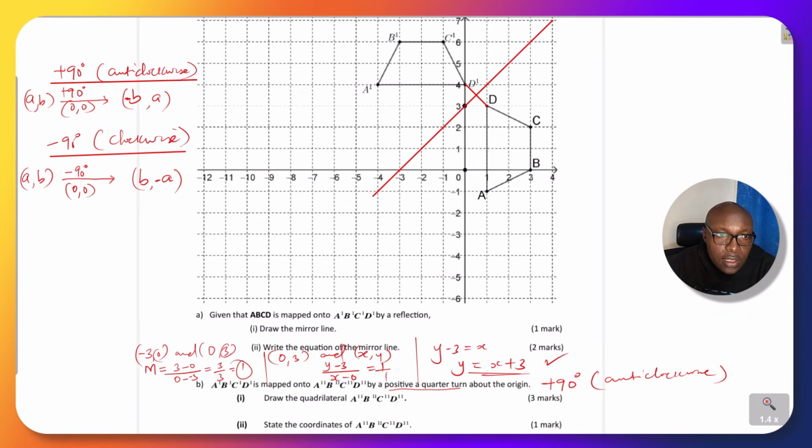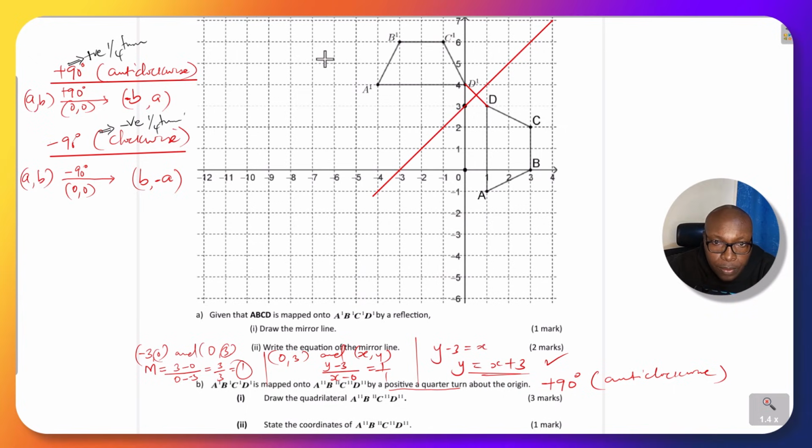So this is really going to help you once you have this understanding. It is good to notice that this is a positive quarter turn, that is positive 90, and this one is a negative quarter turn. So once you know these, you don't need to construct, you can simply identify the coordinates and you'll be able to do the necessary.